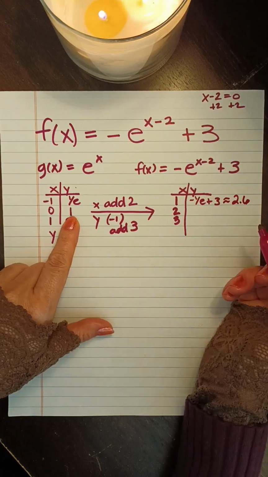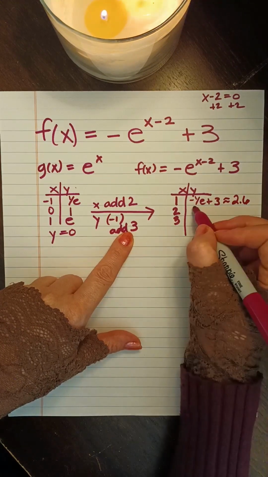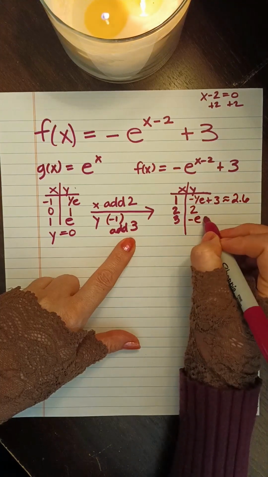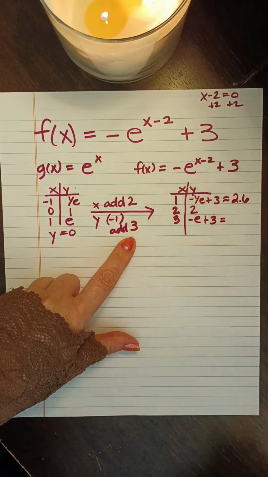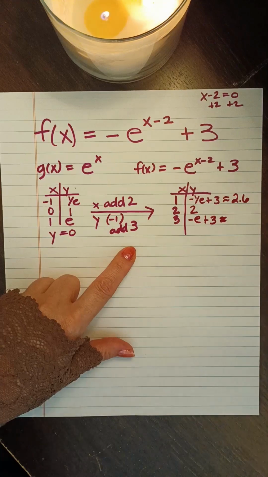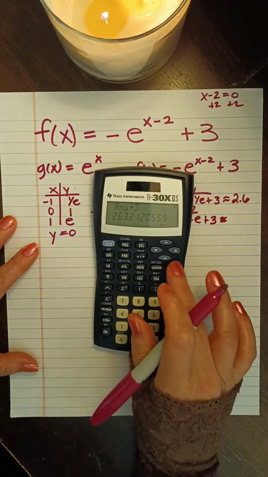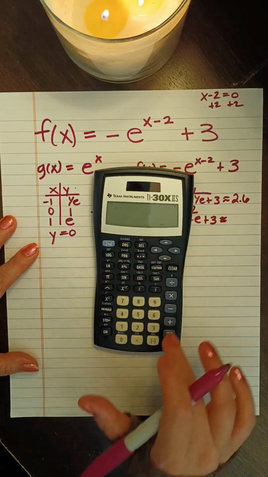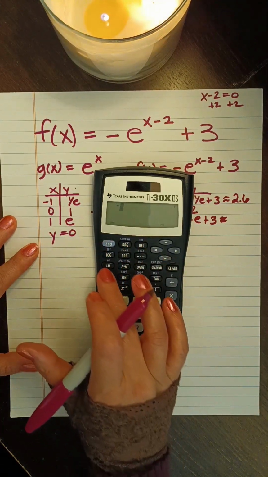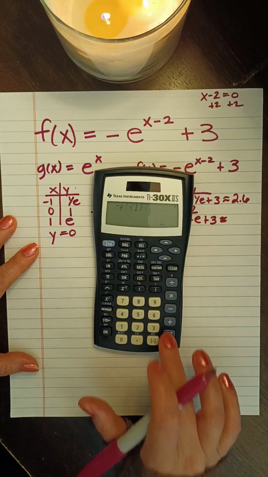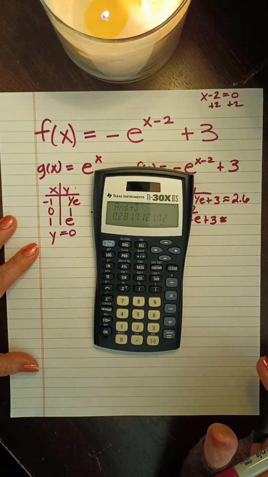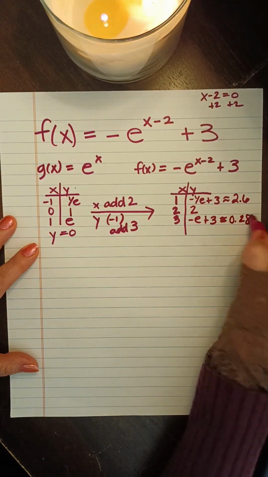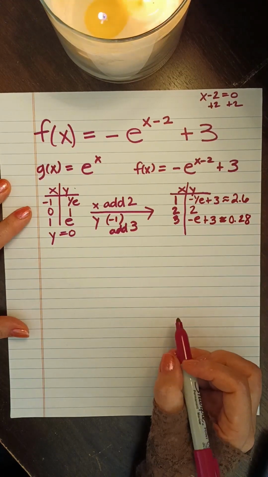Then 1 times negative 1 is negative 1 plus 3 is 2. And e times negative 1 is negative e plus 3, which is approximately 0.28.